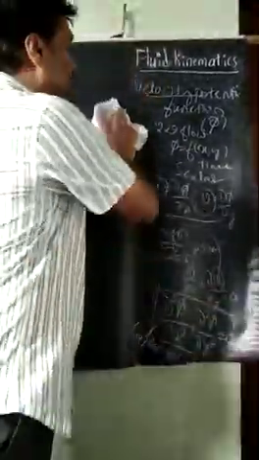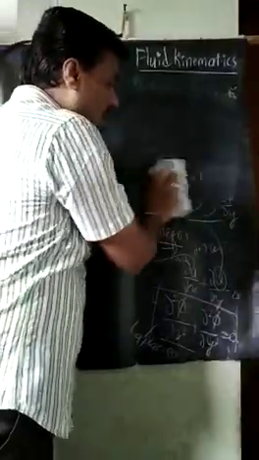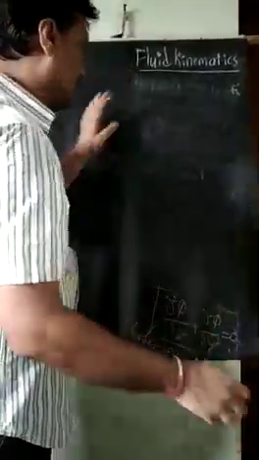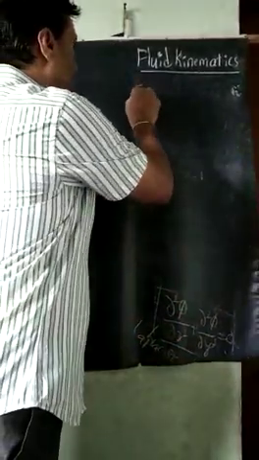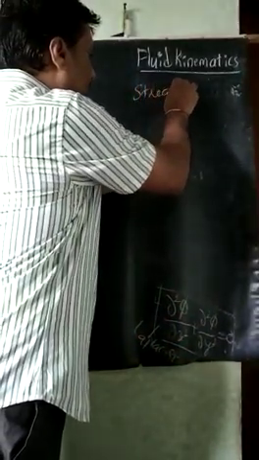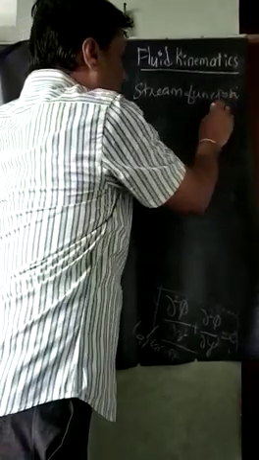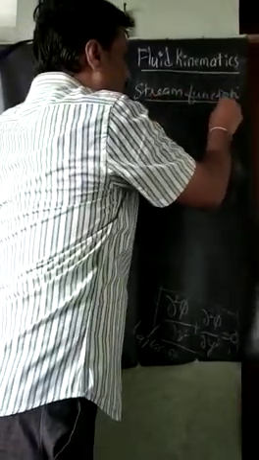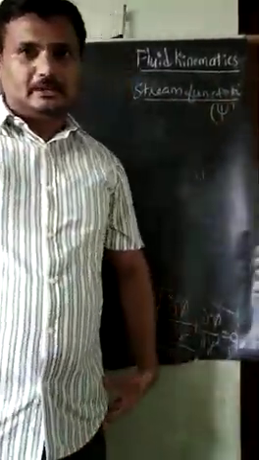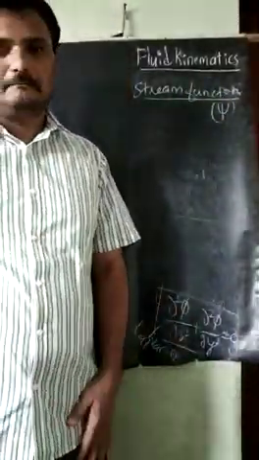In continuation of this, the next one is called the stream function. That is indicated by the letter psi.